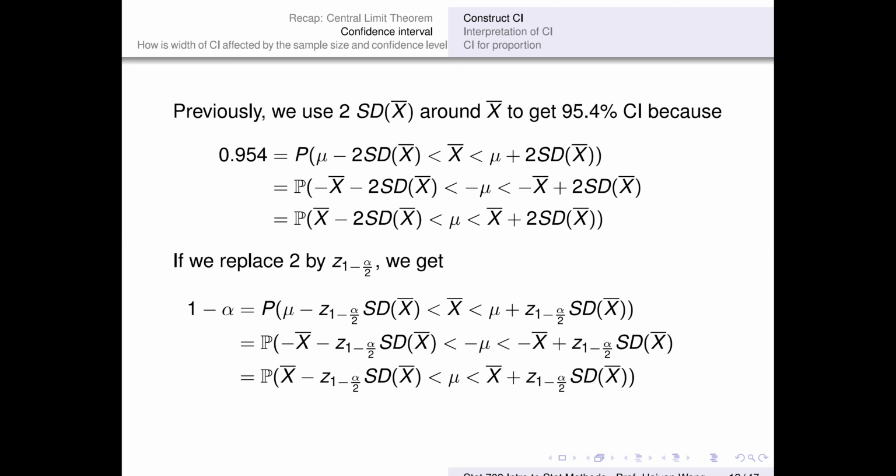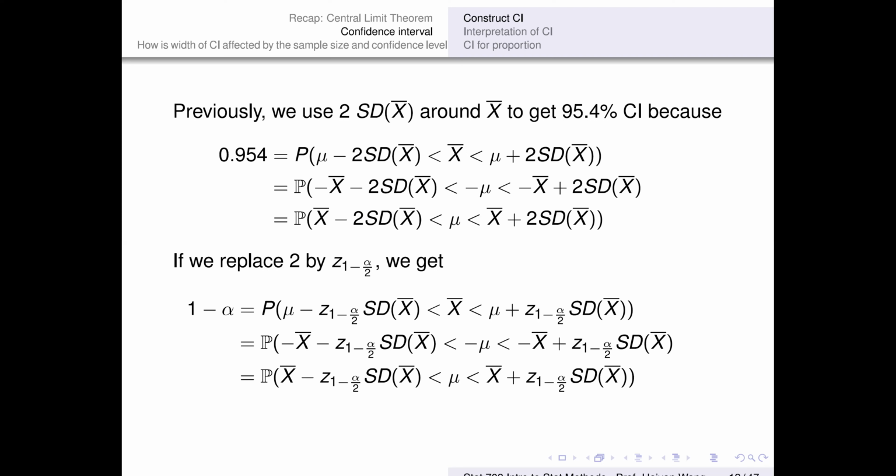So compared to the 95.4% confidence interval, the change here is that this percentile is used rather than the 2. So what percentile do I use? For example, if I want the 95% confidence interval, this alpha would be 5%. So the z of 1 minus alpha over 2 is the 97.5 percentile, which is 1.96.